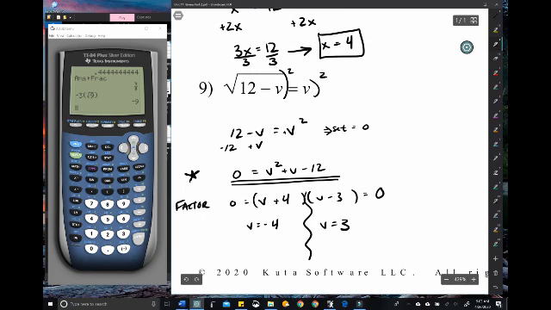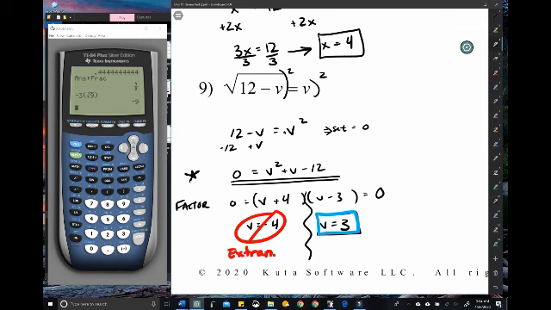With these ones, the only real solutions you're going to have are going to be the positive options for the questions I'm going to give you at least. It's still a good idea to check, because when you plug in the negative, that one is extraneous. So 12 minus negative 4, is that equal to negative 4?